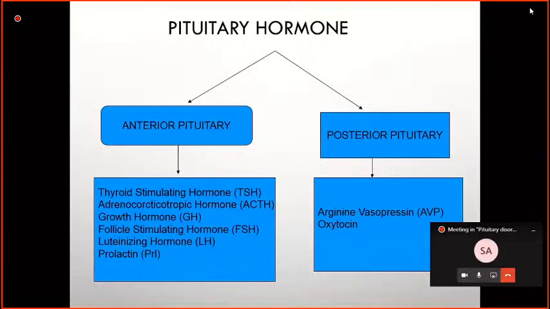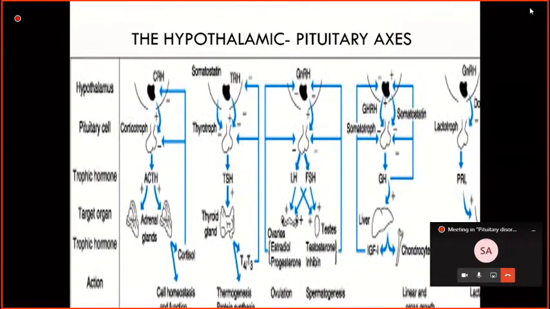Knowing all these pituitary hormones, you should be able to relate them to their respective target organs.